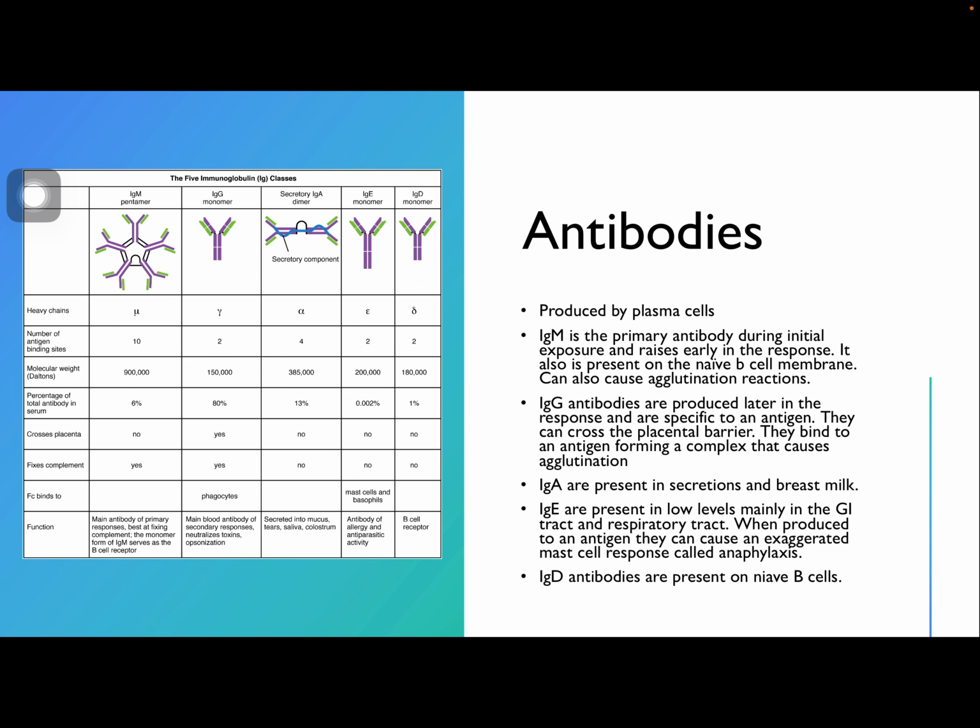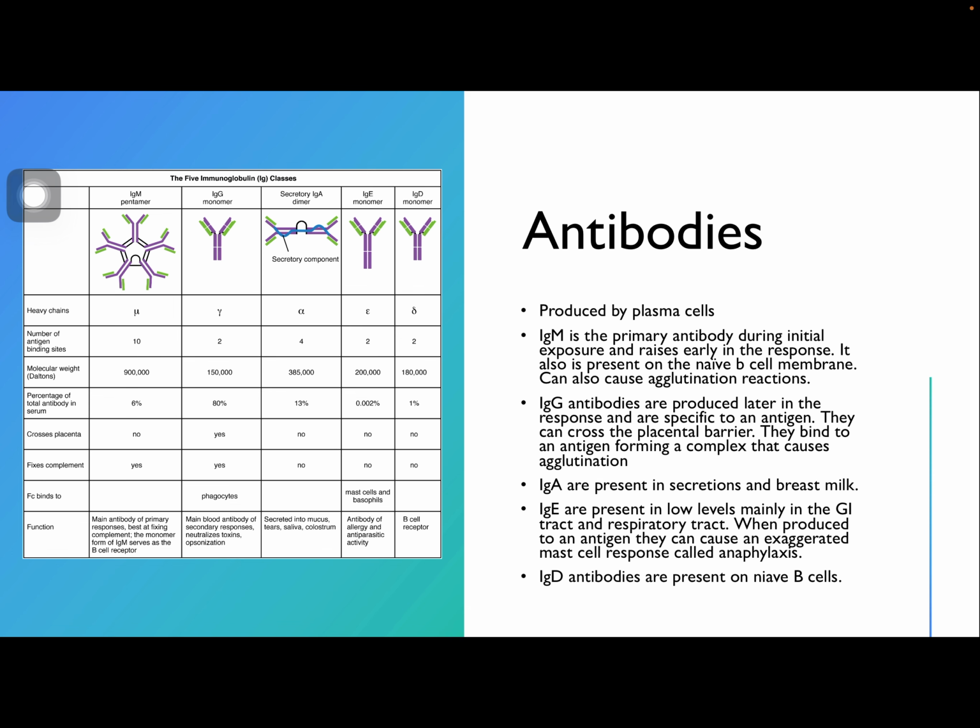Then the next antibody is called an IgE antibody. This antibody is not commonly elevated during normal infections, but for some reason in some people it is elevated when they are exposed to an antigen. People that form IgE antibodies in response to an antigen will have allergic reactions to those antigens.